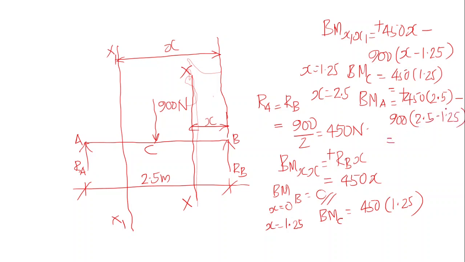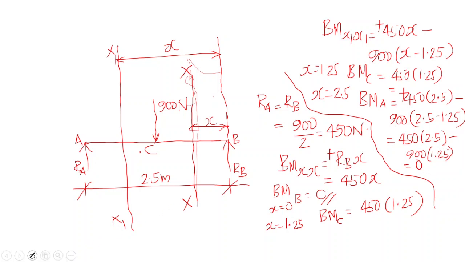That's equal to 450 into 2.5 minus 900 into 1.25, that's equal to 0. That means the bending moment at A is equal to 0.